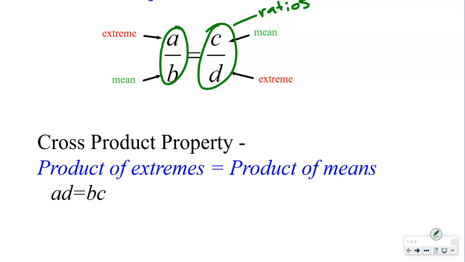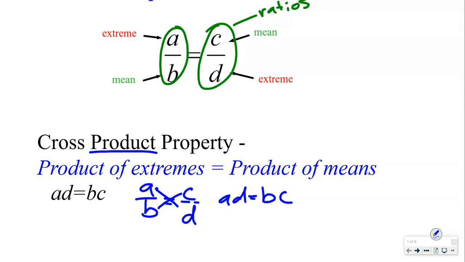So we see our letters that we have, going from A over B equals C over D, and we're cross multiplying. So we have A times D equals B times C. So cross multiplying, that's the cross product. Product is the result of multiplication.